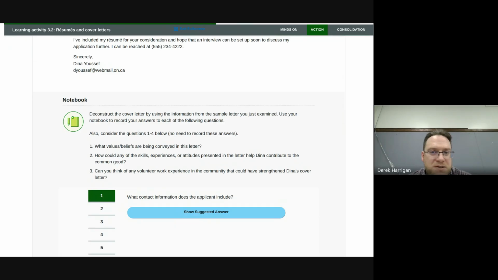I guess this is dependent on the job that you're applying for, and it depends on your background and your qualifications, but skills, experiences, attitudes, education, all of these things could be emphasized in the cover letter in the right context.